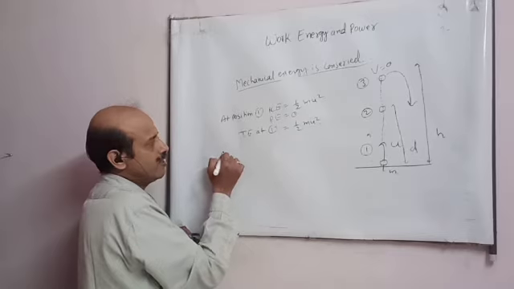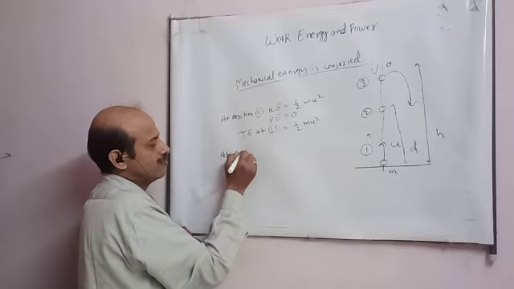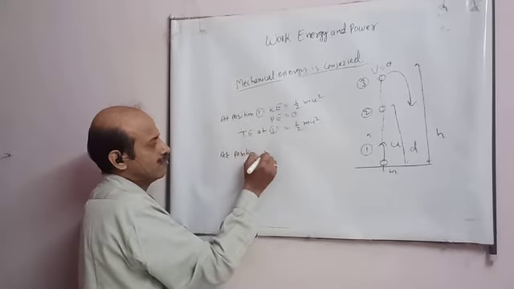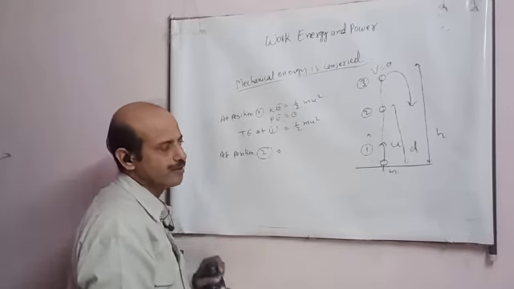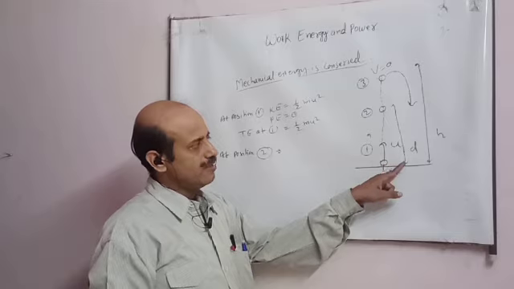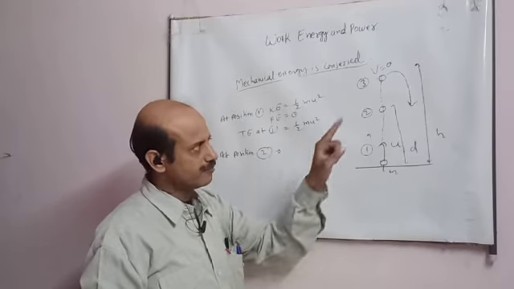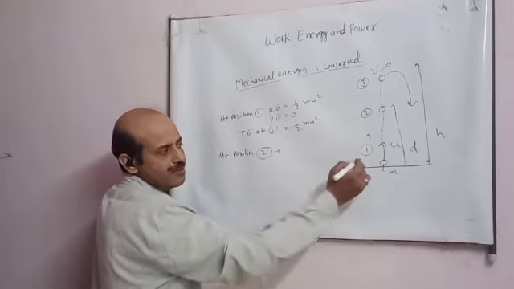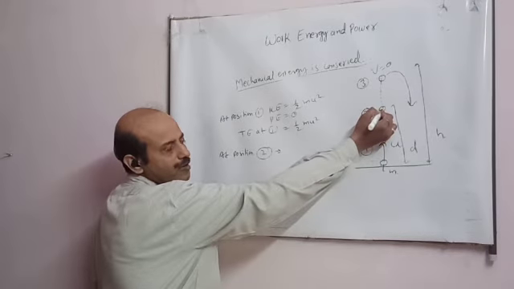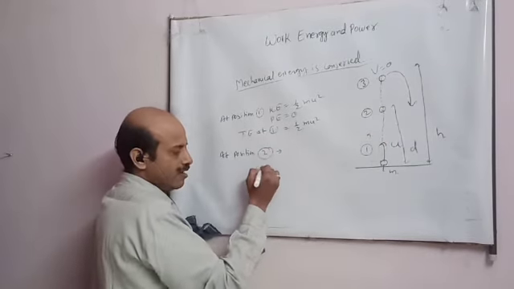Now, student, at position 2, this distance is d, student. Now, student, what is the velocity which is obtained on reaching this? I will apply the kinematics, student.